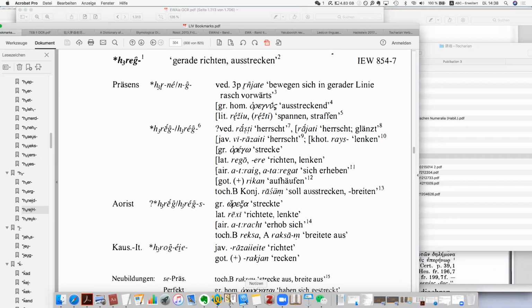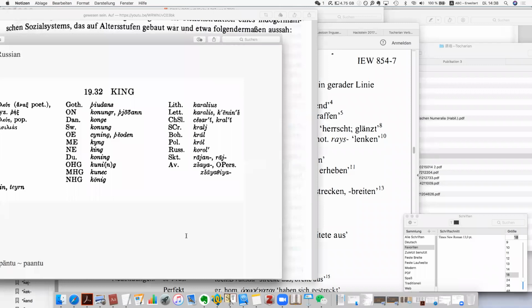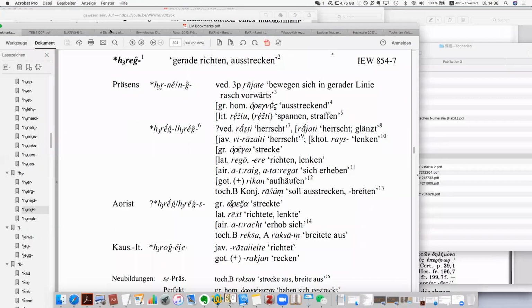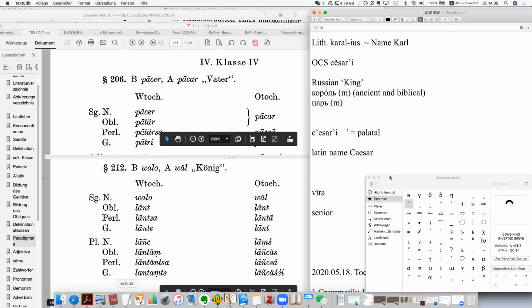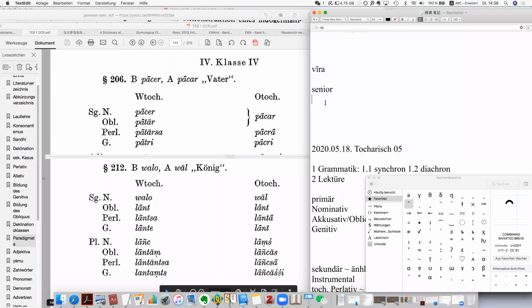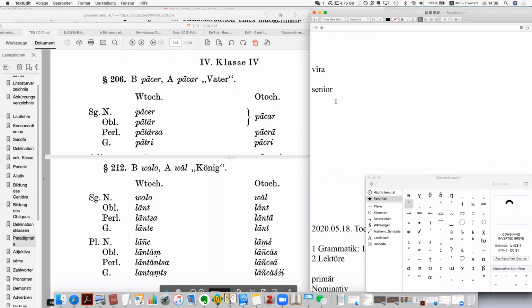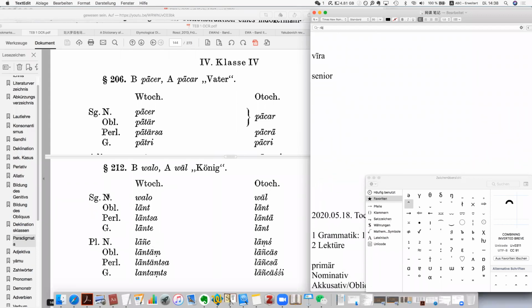And now let's turn back to the Tocharian form. So the Tocharian word called waro and rant, again, why are they different? Because, as I mentioned, nominative and accusative are different because there's upload.